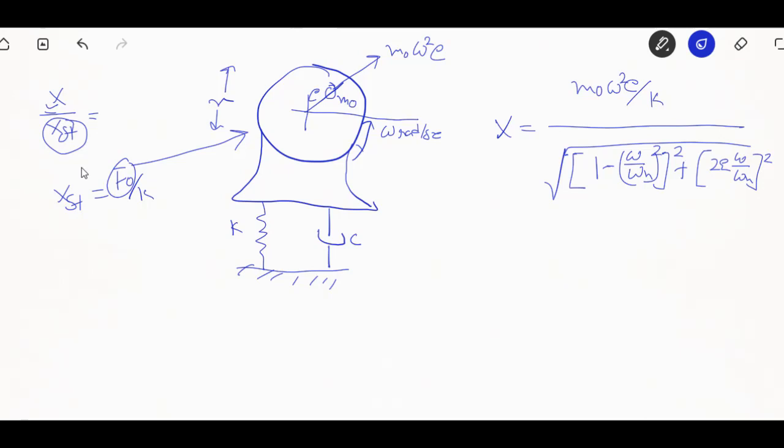Now we can modify this formula further in terms of getting the amplitude, so we can say it in that way. Suppose the actual mass of this wheel is m.